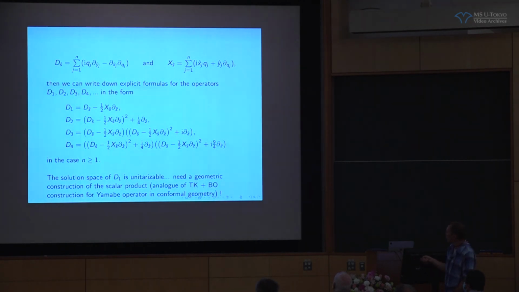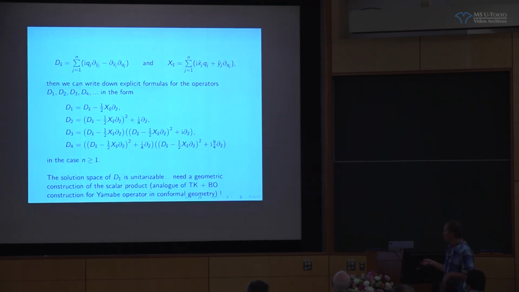And what is somewhat remarkable is that for the operator D1, when you look at its solution space, it is a highest weight module, it's irreducible, and has the same infinitesimal character as the trivial representation. So in other words, the kernel of D1 realizes the minimal representation for the symplectic or metaplectic group in this case, and this means that this subspace is unitarizable.